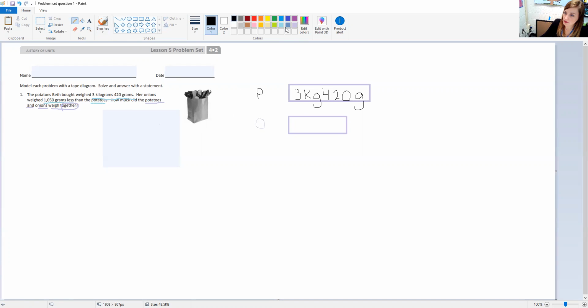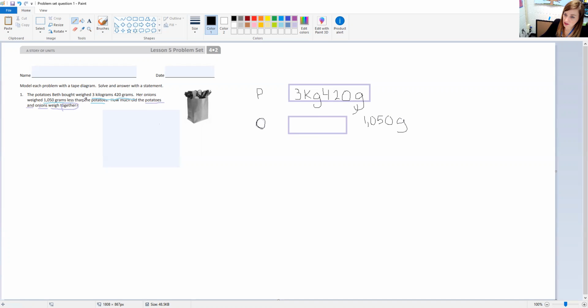Onions. Okay, and so we're trying to figure out what goes here, but what I do know is that this one is 1,050 grams less.